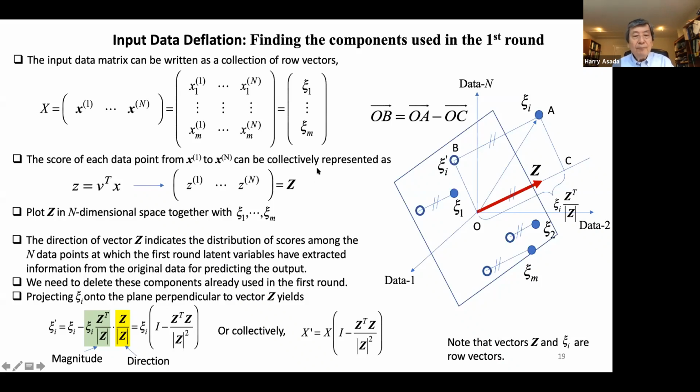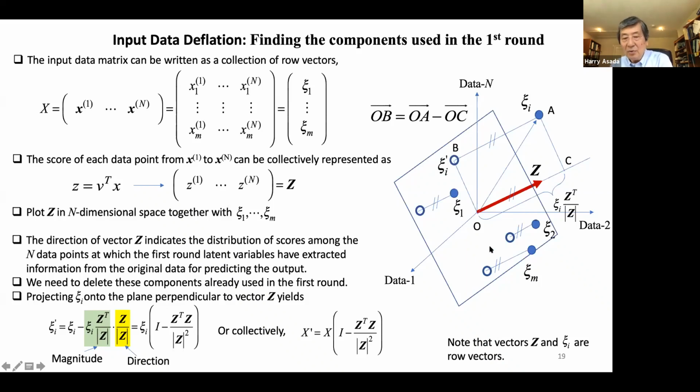So now let's look at this data matrix and view it row-wise and plot C1 to Cm in this n-dimensional space. So each row vector takes some point like this, right? Some point like this, and points.